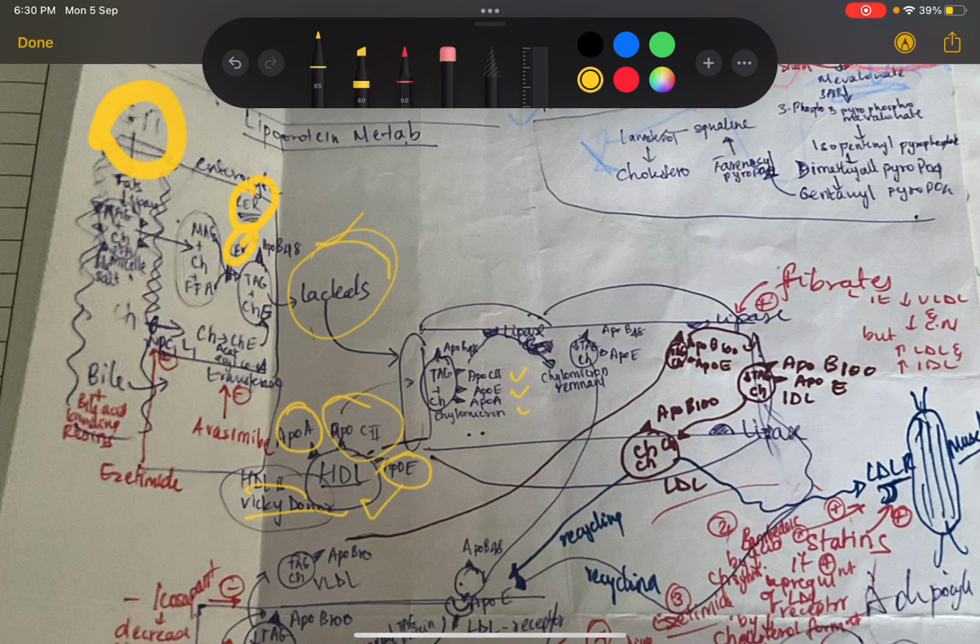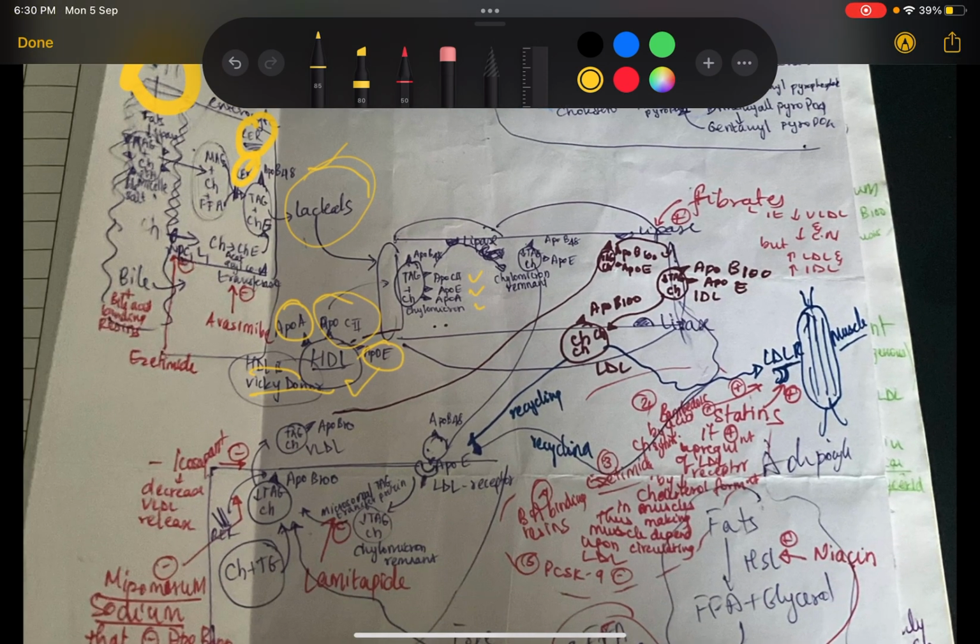Correct or not? And once the levels of triacylglycerol reduce, it goes to the liver as a chylomicron remnant.